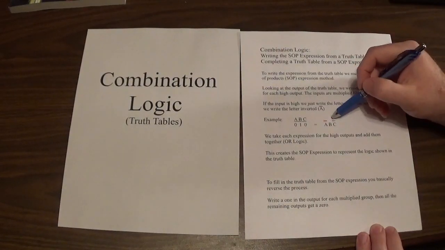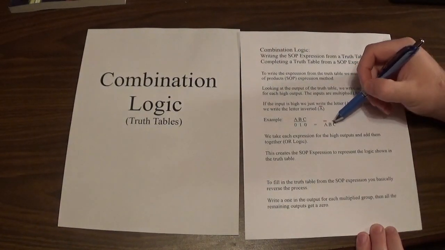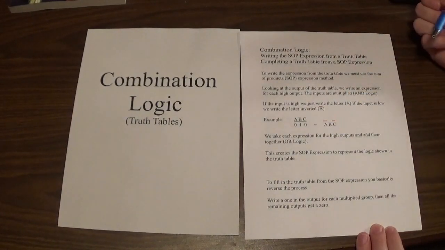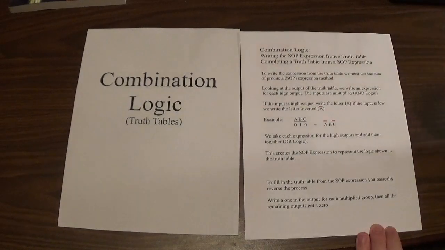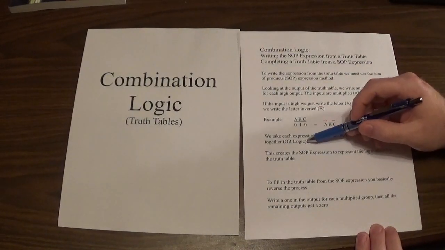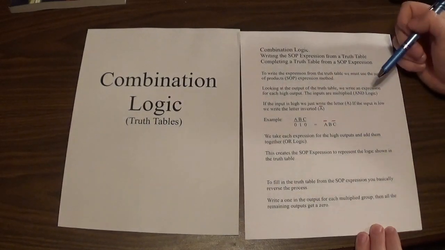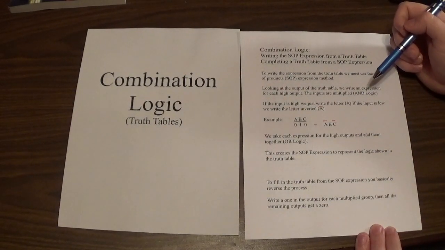So we're basically saying A naught and B and C naught gives us a high, or whatever the next group is. Okay, and that is the sum of products because we're adding the products of each of these conditions. So that's where that comes from.